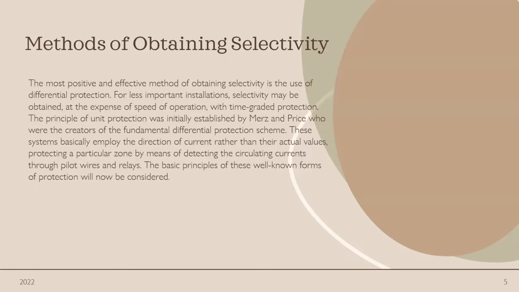Methods of obtaining selectivity. The most positive and effective method of obtaining selectivity is the use of differential protection. For the less important installations, selectivity may be obtained at the expense of speed of operation with time-graded protection. The principle of unit protection was initially established by Merz and Price, who were the creators of the fundamental differential protection scheme.